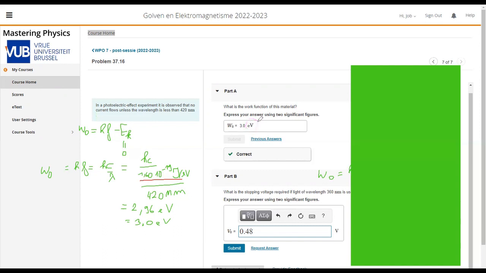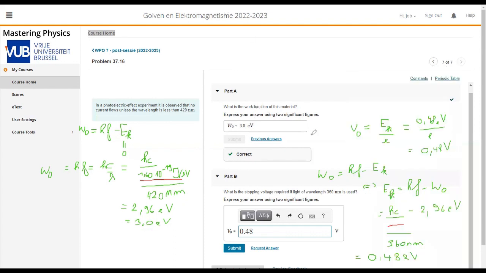So you have to divide it by 1.60 times 10 to the exponent minus 19 joules per electron volt. Then we will have this one, and you have to write this.